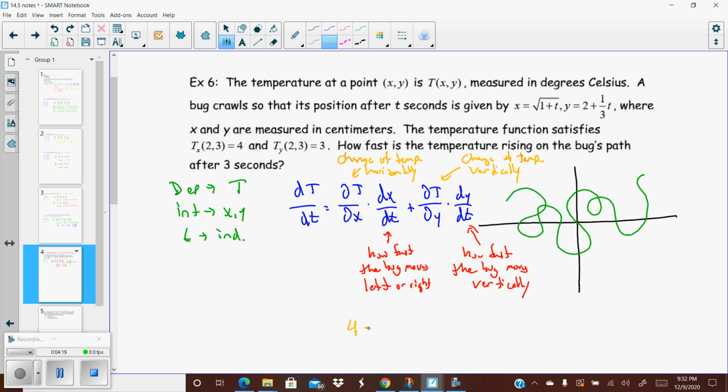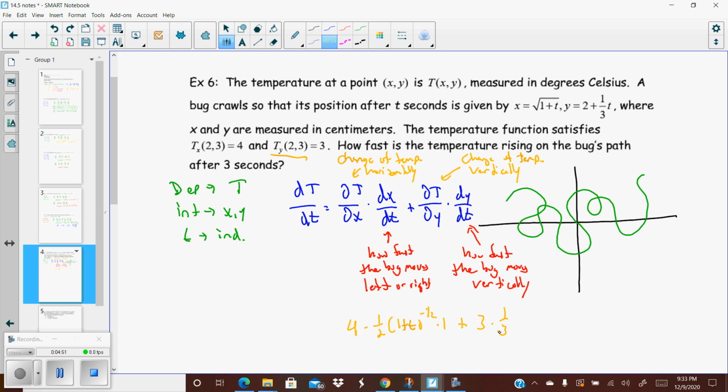Times the derivative of x with respect to t. Well, that's going to be 1/2 (1 plus t) to the negative 1/2 times the derivative of the inside, which is just 1, plus the derivative of T with respect to y, that's going to be 3, they gave us that information, times the derivative of y with respect to t, which is just 1/3.